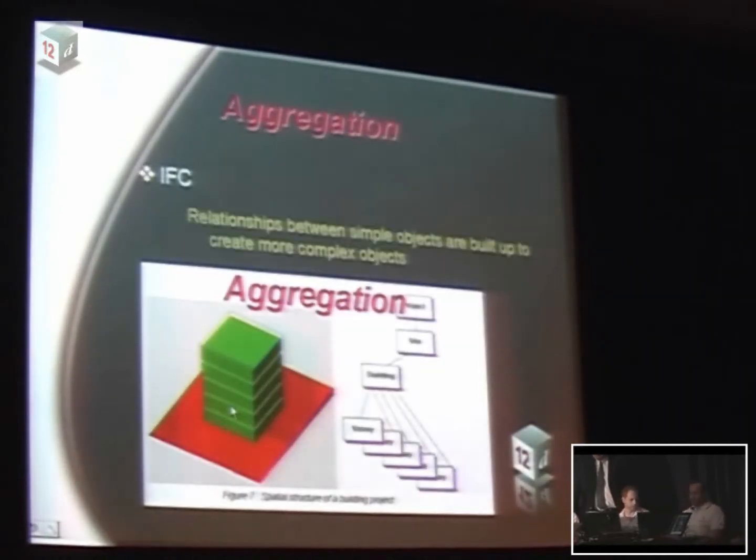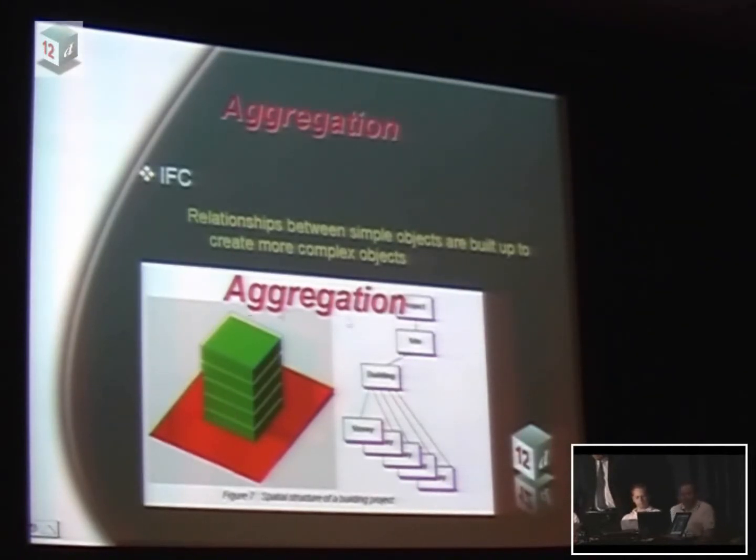Now, a quick look at the top level structure. I'll just get it on. Too late, it should be there. It has a project, it has a site, and then it has buildings and building stories. If you look at the terminology that's used, it's all architectural terminology. It's not really the site and civil engineering type terminology.